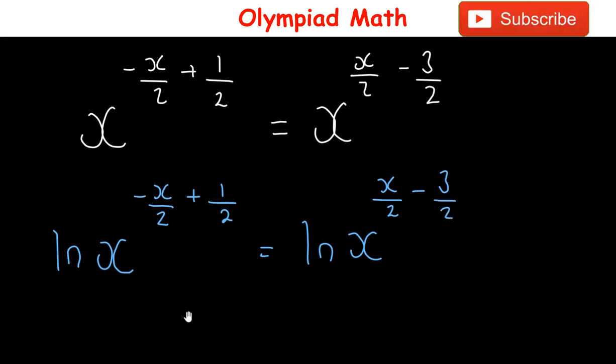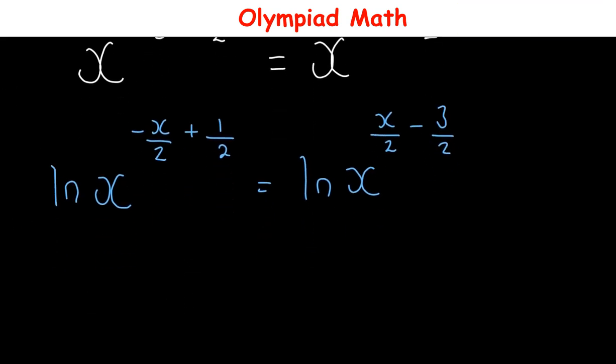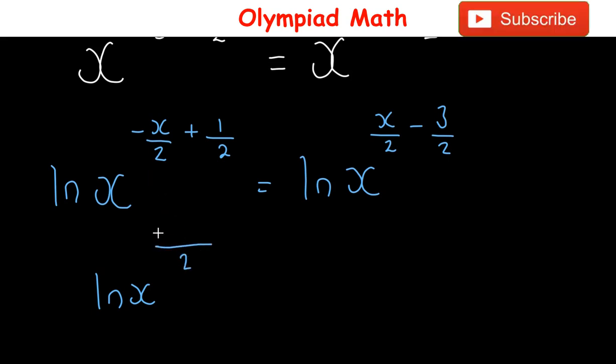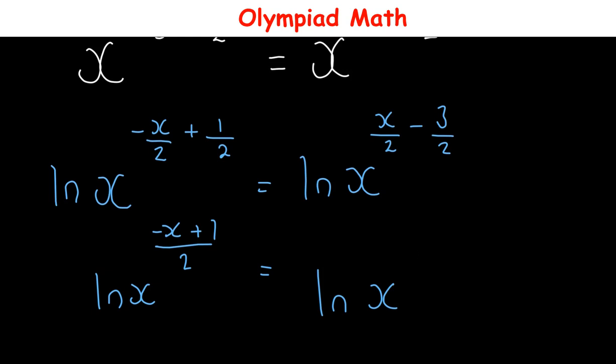Such that with this, we can express this as ln x, then raised to power, the LCM of 2 and 2 is 2, or raised to power 2. So we have minus x, then plus 1 is equal to ln x, then raised to power, we have the LCM as 2, then x minus 3.